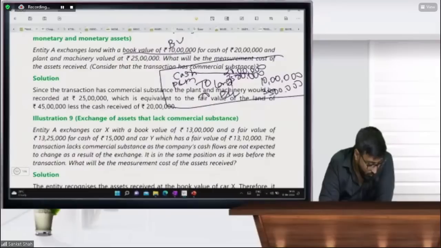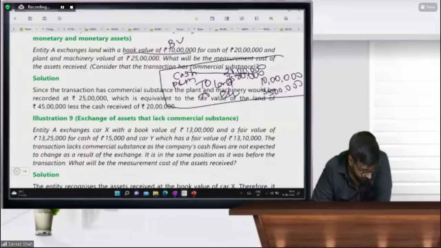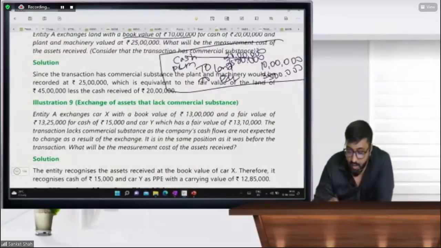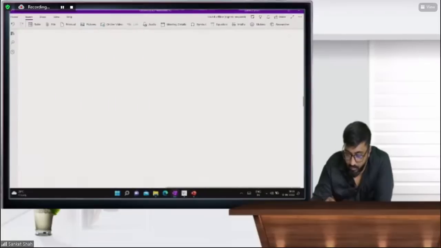I will read it for you. Entity A exchanges a car with a book value of 13 lakhs and a fair value of the car of 13 lakh 25,000. So I will draw the diagram for you.